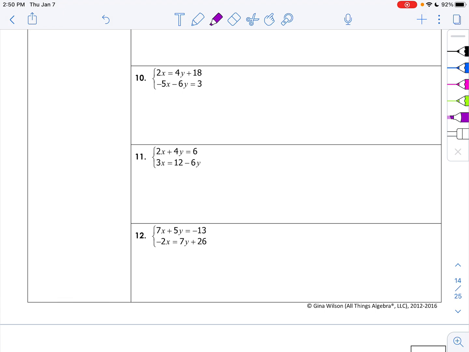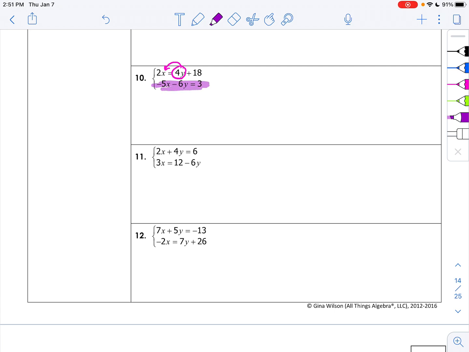Number 10 is a little bit different because everything is not lined up. My x terms are lined up, but my equal signs are not. So I need to rewrite one of my equations so that they're lined up. I'm going to rewrite the top equation. So to rewrite the top equation, I simply need to bring the 4y to the left side. Because if you notice in the second equation, on the left side of my equal sign, I have both my x and y term.